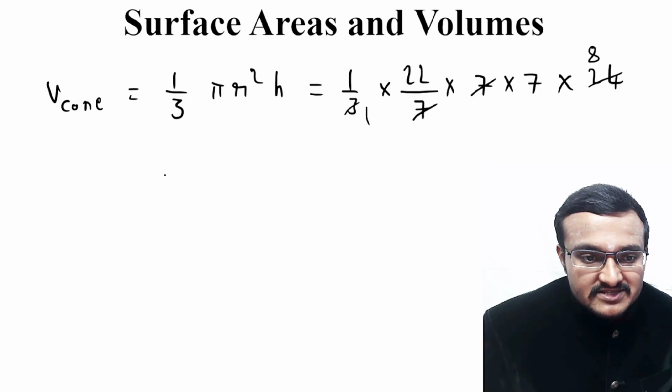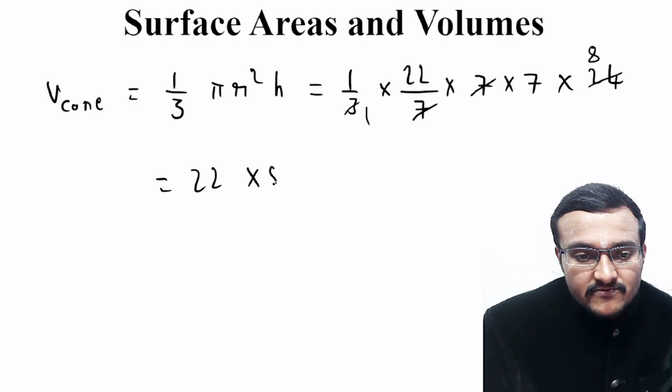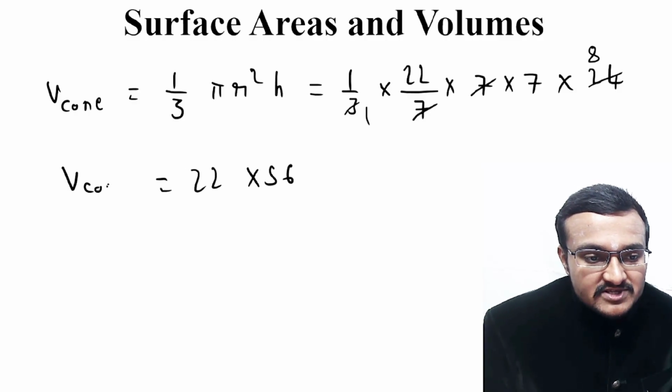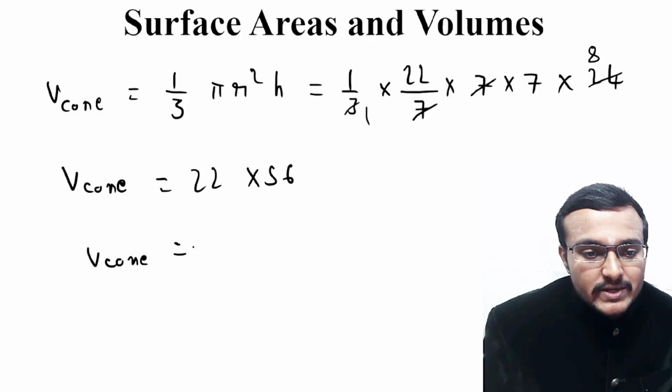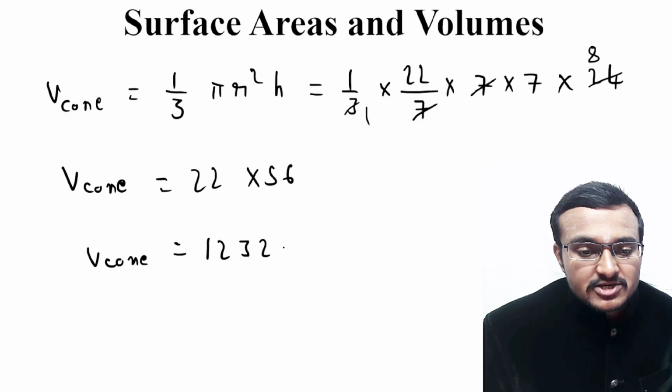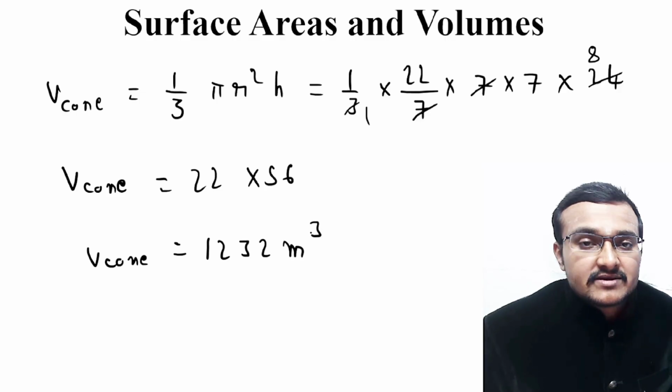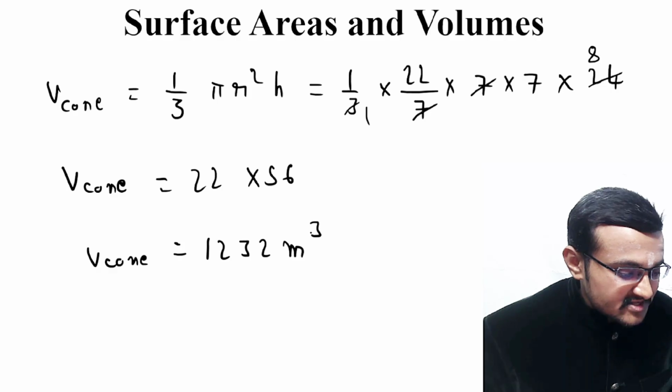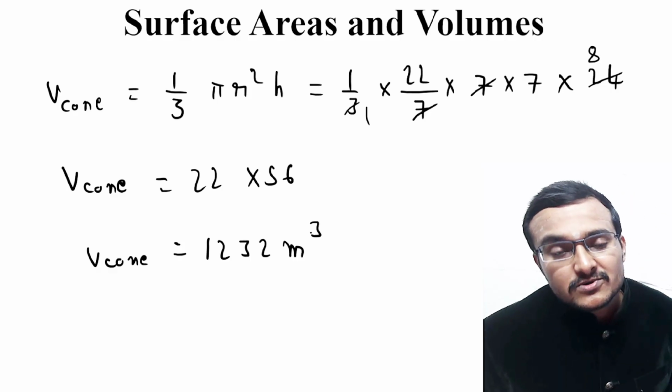So 8 sevens are 56. So 22 into 56. So volume of this cone is equal to 22 into 56, which will give you 1232 meter cube. So we have got volume of this cone as 1232 meter cube.